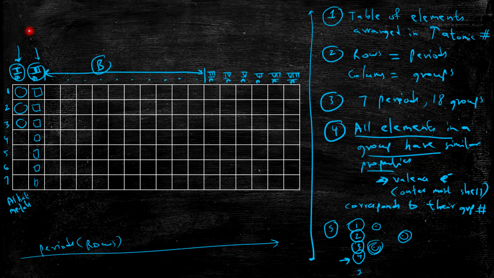Of course, which outermost shell these 2 electrons are in will vary depending on which period they are in.